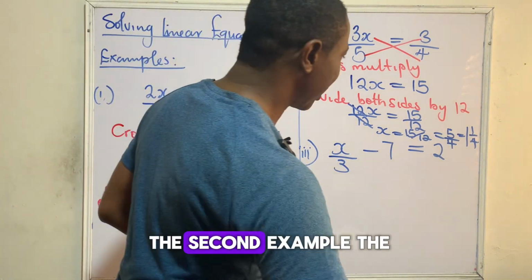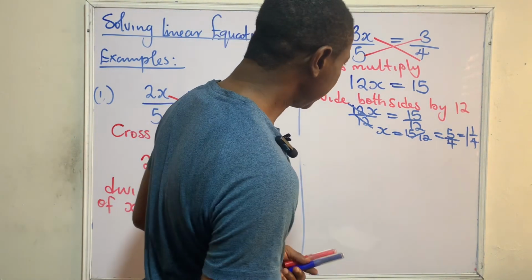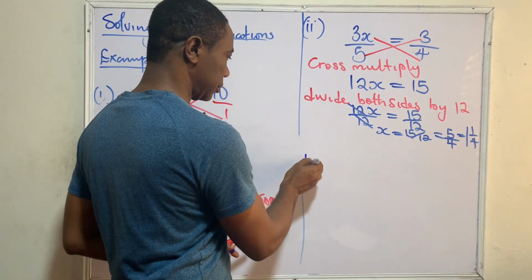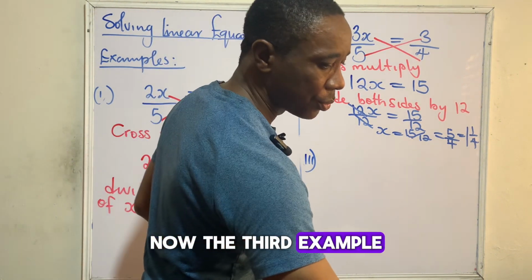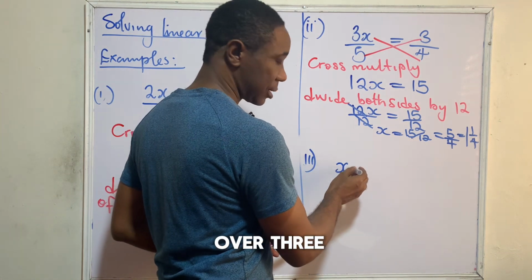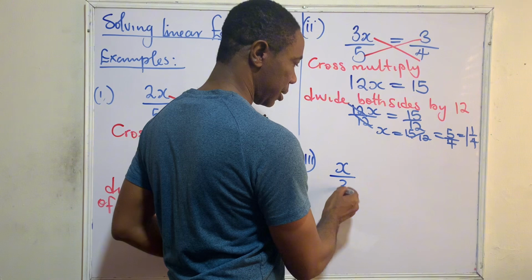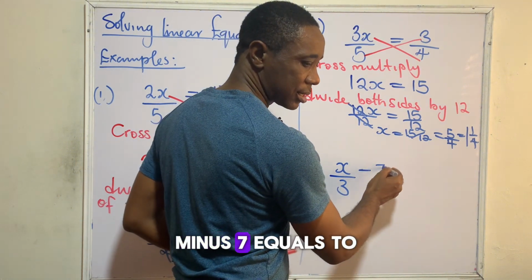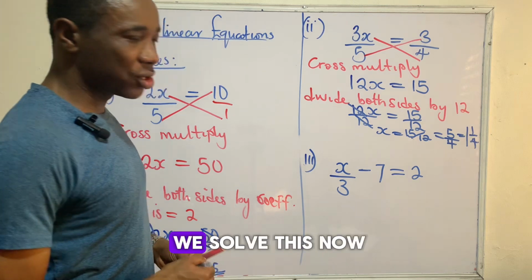So let's look at the third example, where we have x over 3 minus 7 equals 2. So how do we solve this?